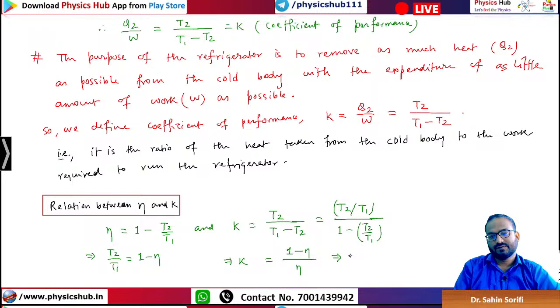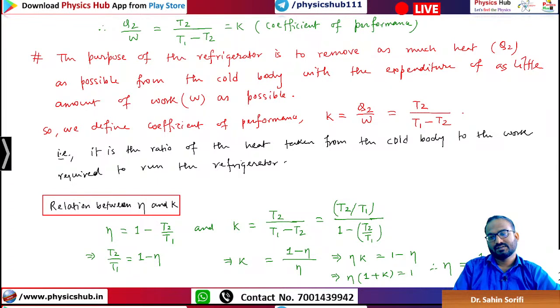Or you can say eta k is equal to 1 minus eta, and we can say that eta times (1 plus k) is equal to 1.